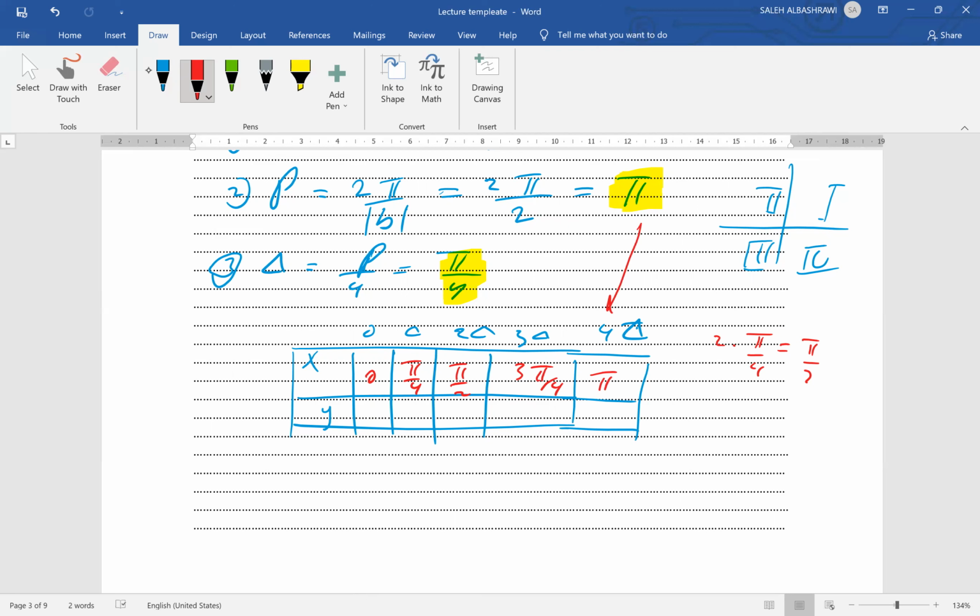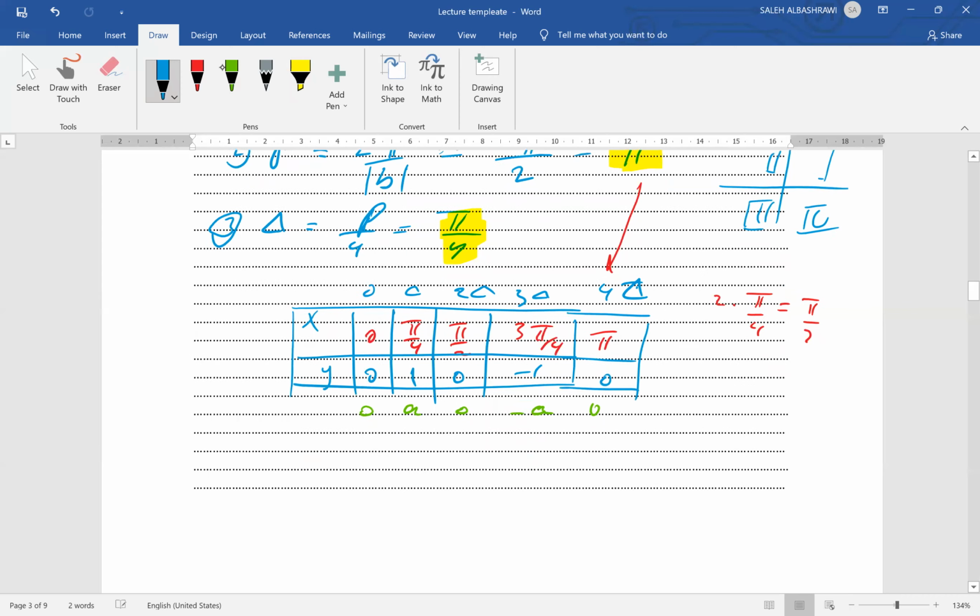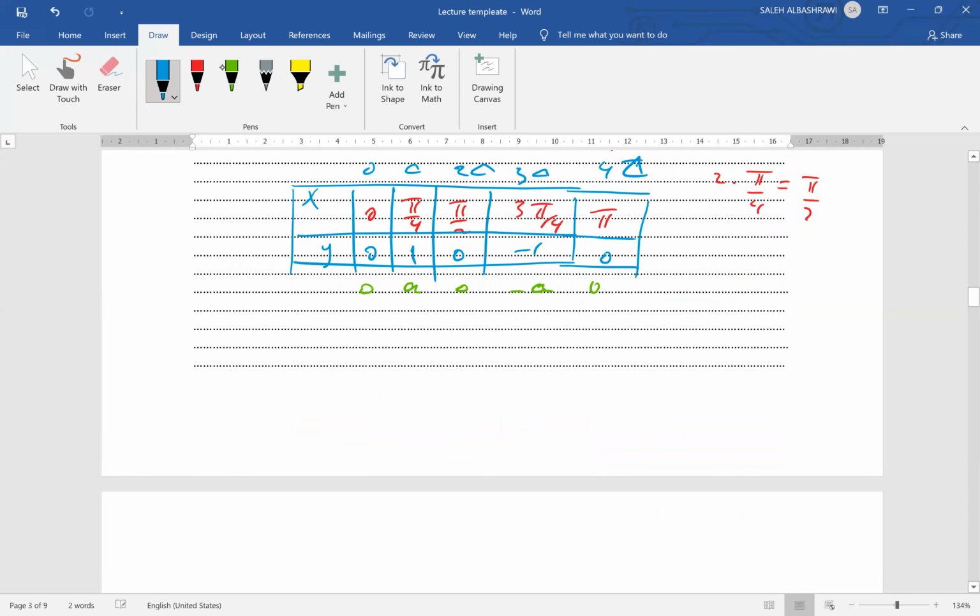Now, if we choose the values for x in this way, then for the values of y, these are 0, A, 0, minus A, and 0. So it means I will have 0, A is equal to 1, then again 0, then minus 1 and 0. This will give me the values of y if we choose x to be 0, pi over 4, pi over 2, 3 pi over 4, and 1 pi.